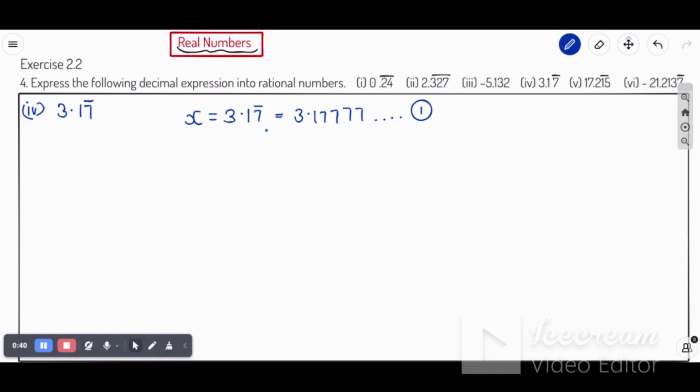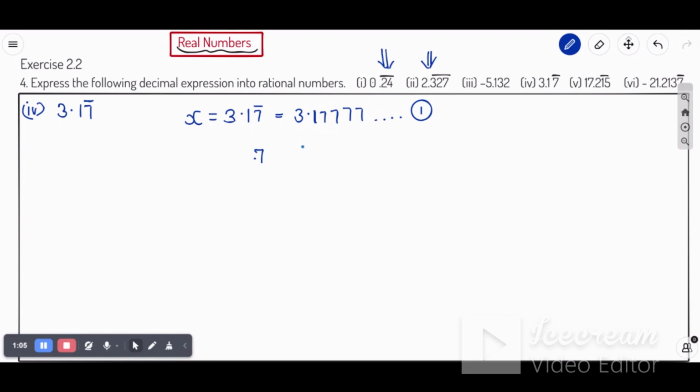Now, what is the difficulty here is if you have any digits which are not recurring after the decimals, then we can't follow the normal procedure we followed in the previous questions, like the questions over here which had only recurring digits after the decimal points. So what do we have to do? We have to convert our question also in the same way, which means we should have only 7 after the point.